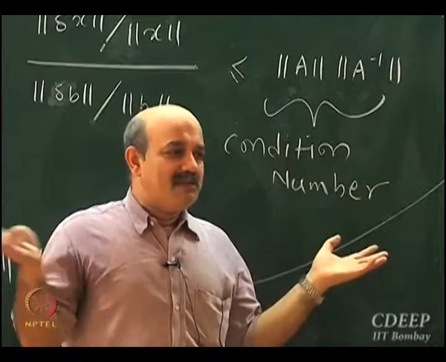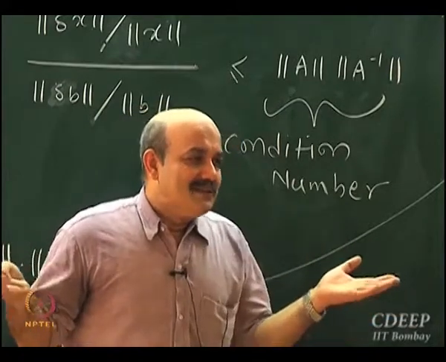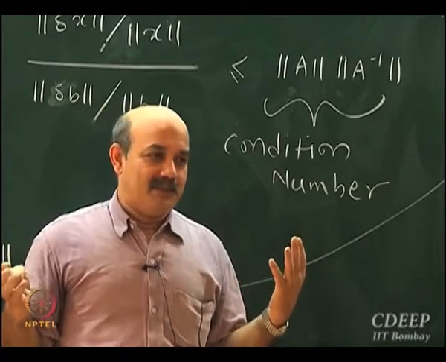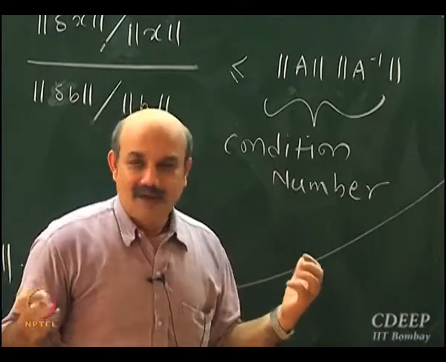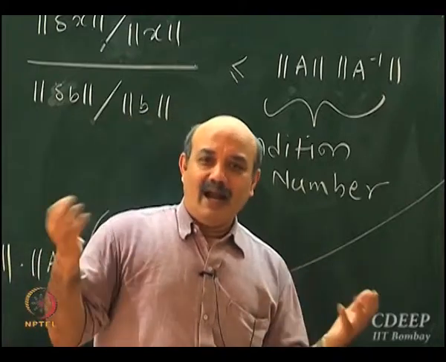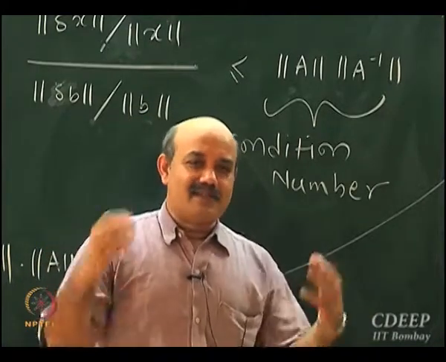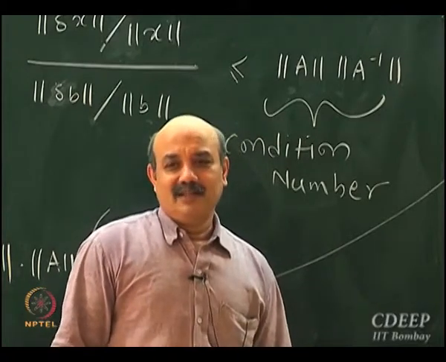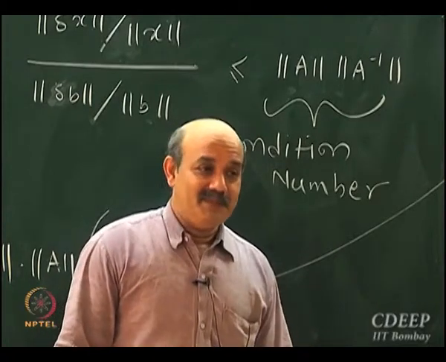If between 100 to 1000, it's a gray area, you don't know what it is. Beyond 1000 you can expect trouble. And if it is 10 to the power 5, 10 to the power 6, deep trouble.